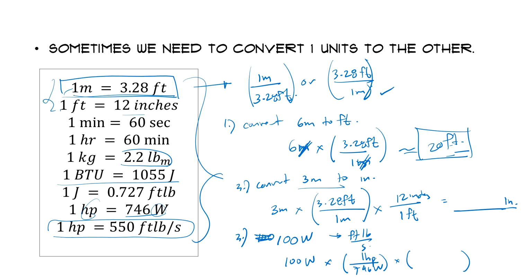Since HP is in the numerator, here we have 1 HP is equal to 550 foot-pound per second. Watts cancels out, and HP cancels, so foot-pound per second is the last unit.